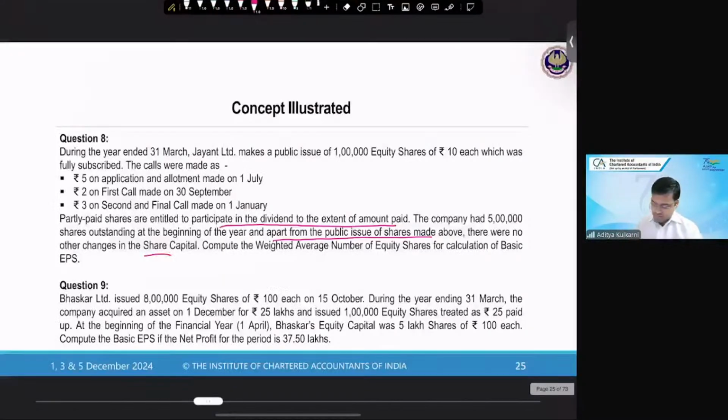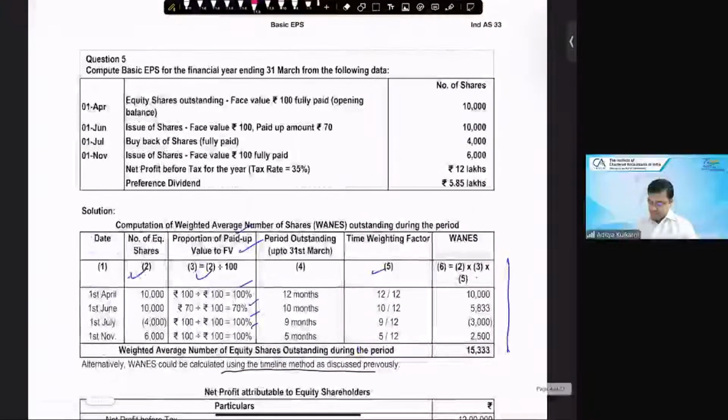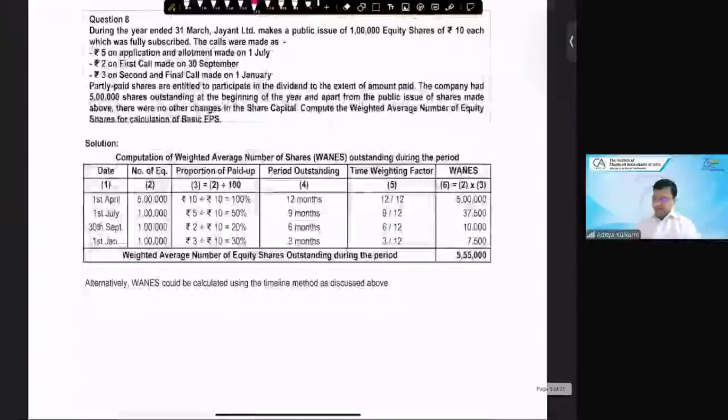This is question 8. So 5 lakh shares were there for the entire 12 months, so 5 lakhs. Then 1 lakh shares: in respect of this, the share application and allotment money of 5 rupees has been called. This is for 9 months, so 37,500. On 30th September, 1 lakh shares, 2 rupees called, so 20%, 6 months, so 10,000 shares.